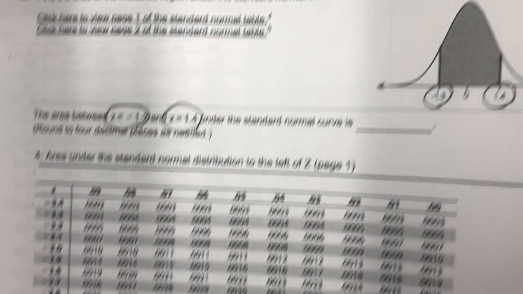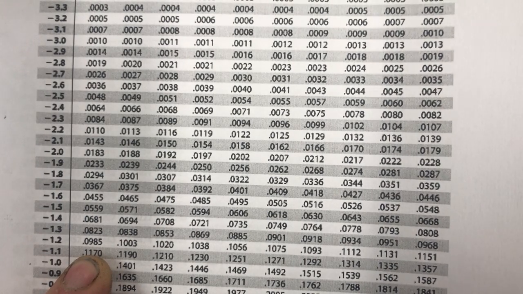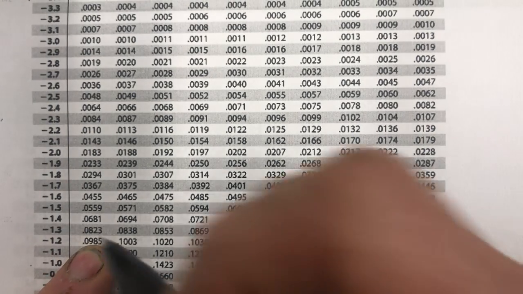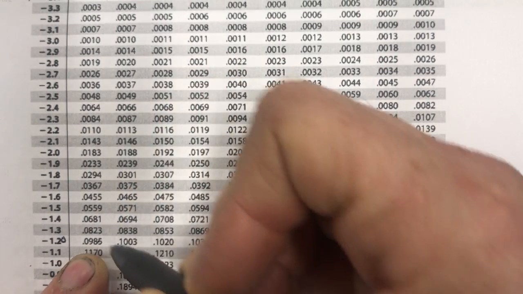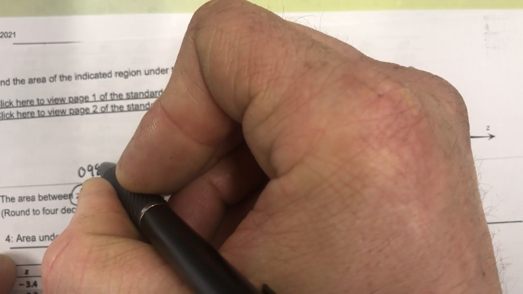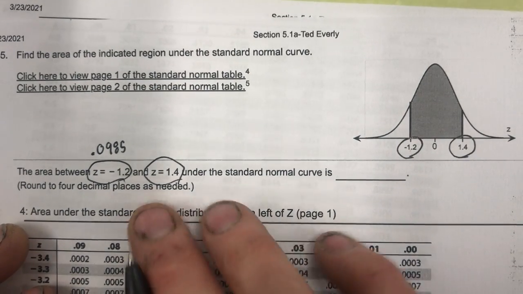Negative 1.20 is right here, 0.0985. Now let's look up 1.4.